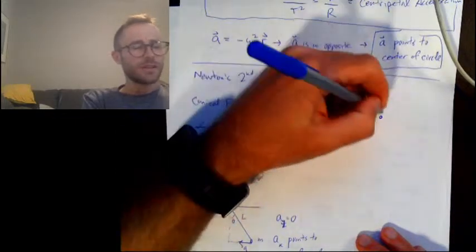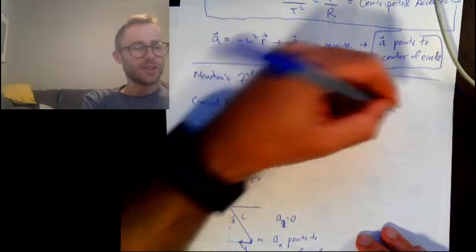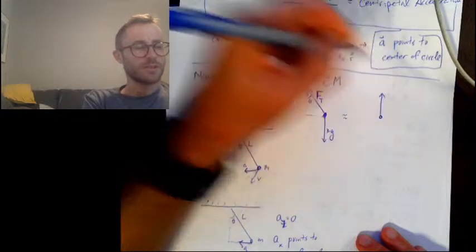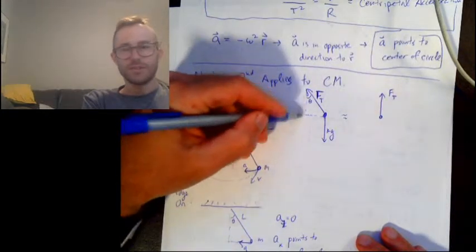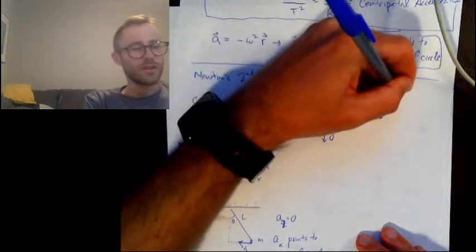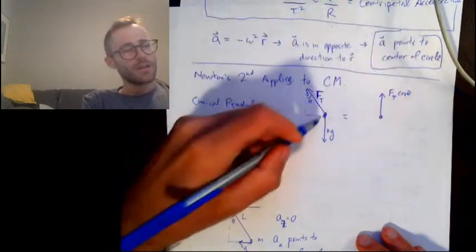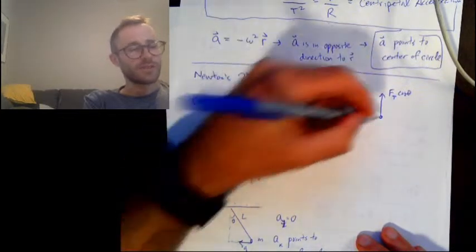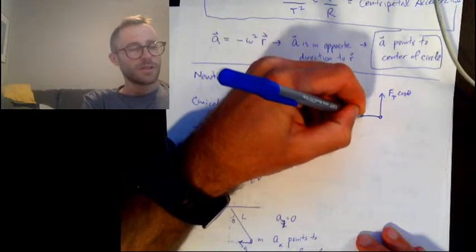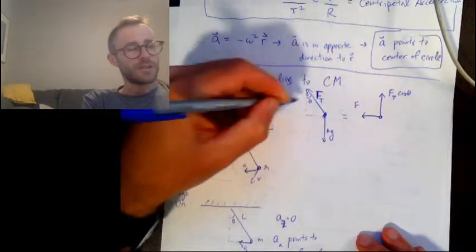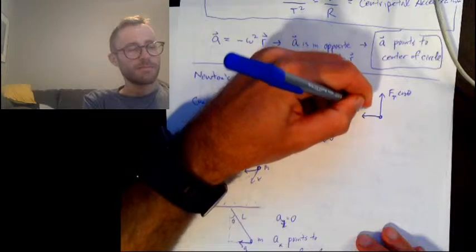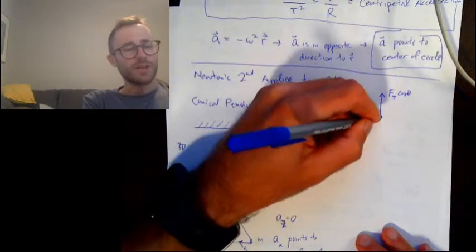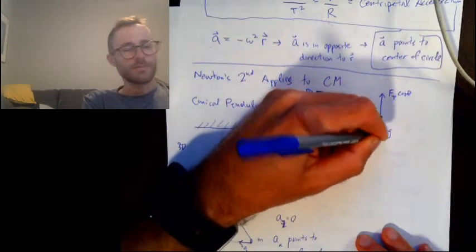The diagonal tension is equivalent to an upward tension of F sub t adjacent to the angle, cosine of theta, and a leftward tension, which is F sub t opposite the angle, so sine of theta. And then we have a downward weight force.